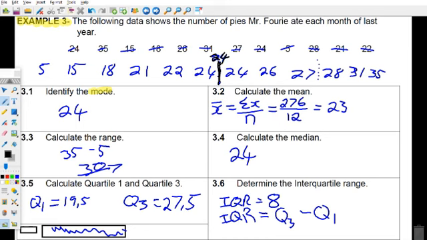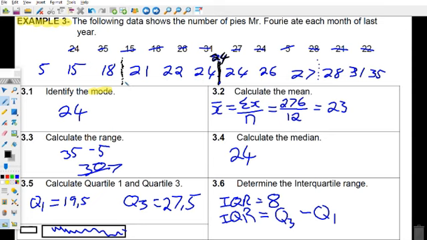Now, when we said to find the Q1 and Q3, we need to take the bottom half and find the halfway mark of that. So there's how many points here? 1, 2, 3, 4, 5, 6. The halfway mark of 6 points is going to be here. It's going to separate there into 2. So there's 3 there, and 3 points there. You see that?